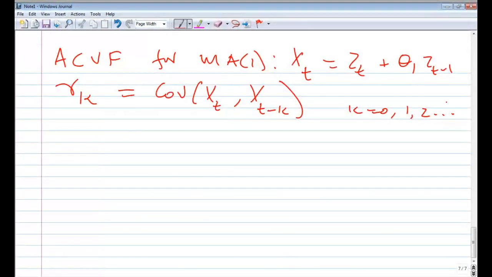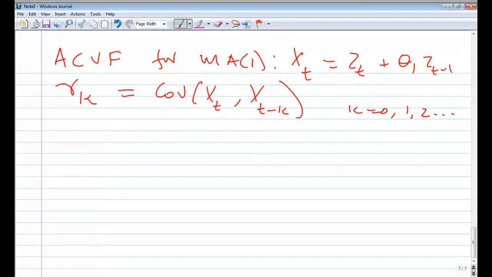If k is 0, you're talking about gamma 0. K equals 1, gamma 1. K equals 2, gamma 2, and so on. So what we are going to calculate here are gamma 0, gamma 1, gamma 2, gamma 3, and so on.